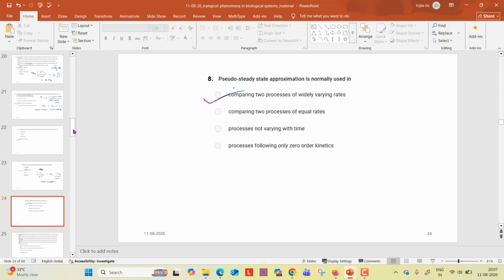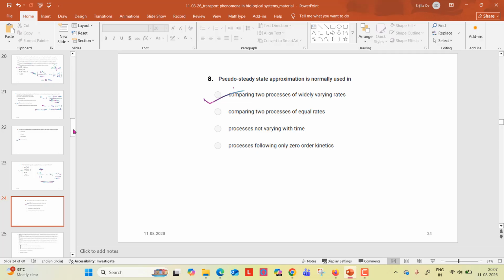So we are comparing two different processes here, and their rates are completely varying. One rate is not affecting the other. Basically, those two rates are independent of themselves. That is why we call it pseudo steady state approximation. So it is comparing two processes of widely varying rates.